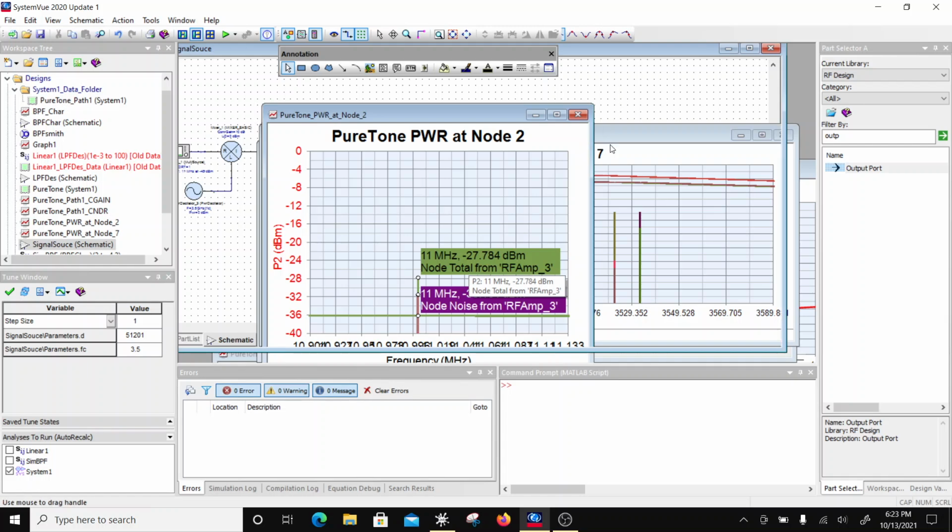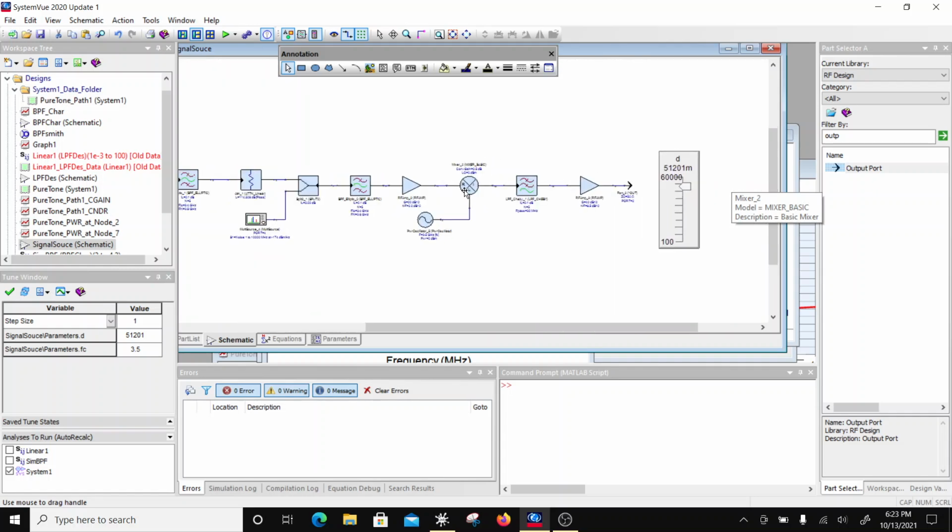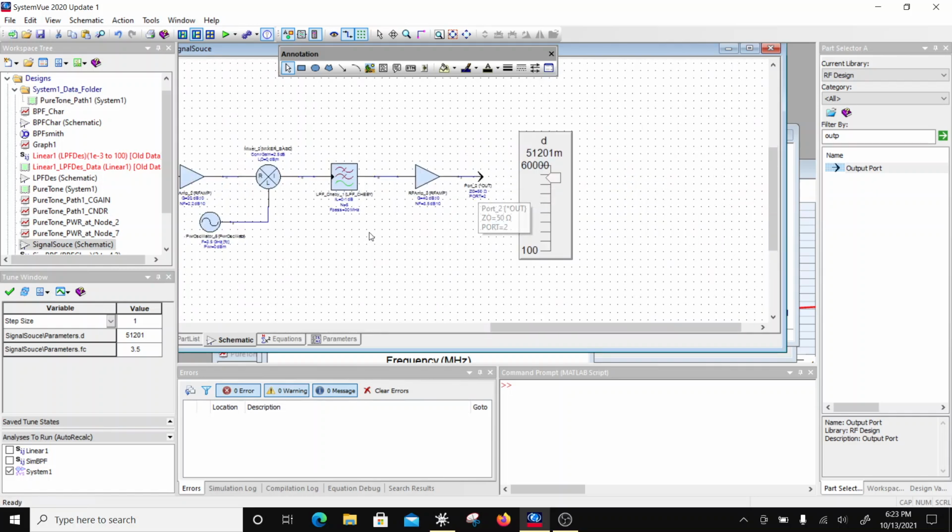So I can bring the power down again. Just see what the noise is going to do in the channel to the sensitivity of the receiver. If you bring down noise, you can even increase this distance to, let's say, 60 kilometers.